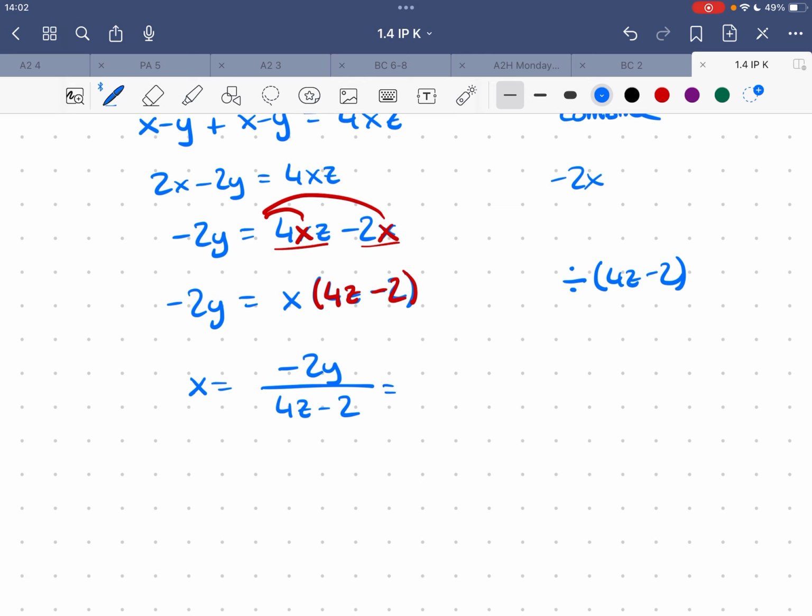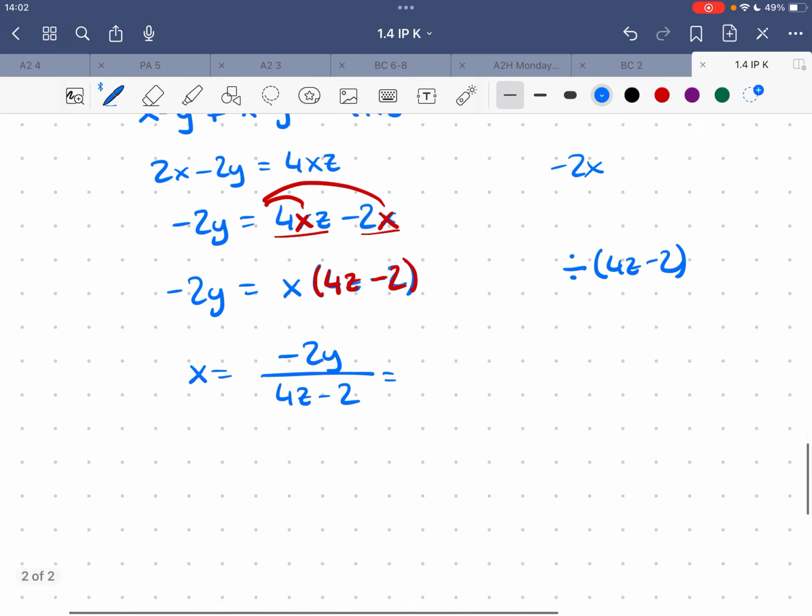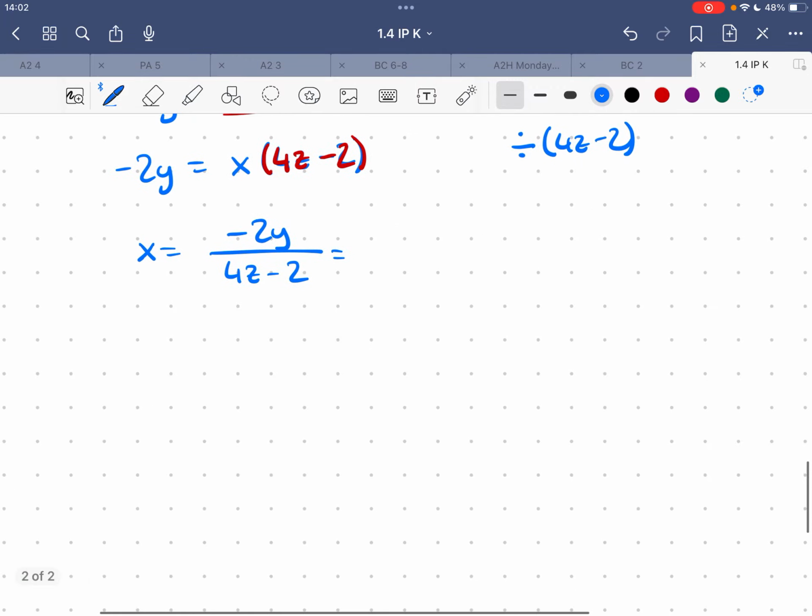And this is not so different from the problem we did before, where there were two simplifications possible, one that you have to do, and one that's more optional. So one is simplifying. All those numbers are divisible by 2. So I'm going to divide the top by 2, and then divide each of the terms on the bottom by 2. And then this last simplification, it's optional, but I think it looks better.